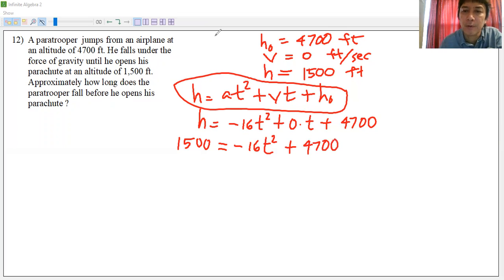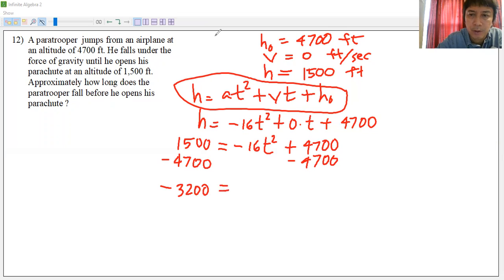Subtracting 4,700 from both sides, the left side will be negative 3,200, and this will zero out, and you have negative 16 t squared. And so we will divide by negative 16. We will have a positive t squared here, positive time.